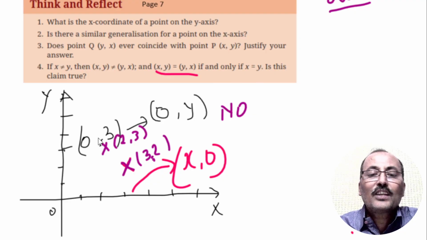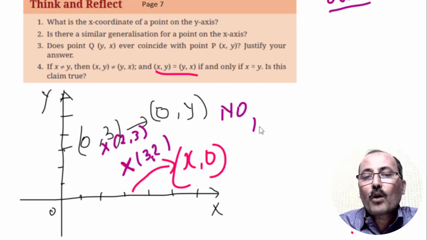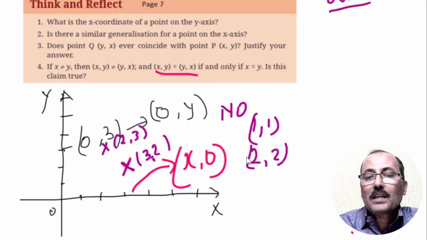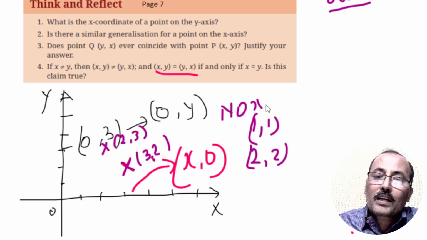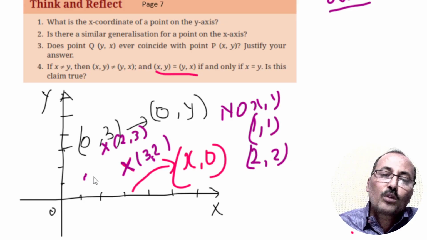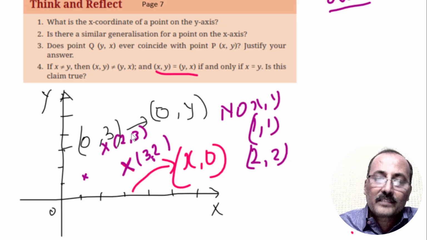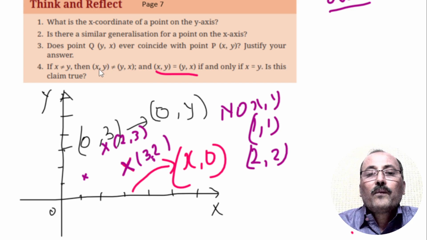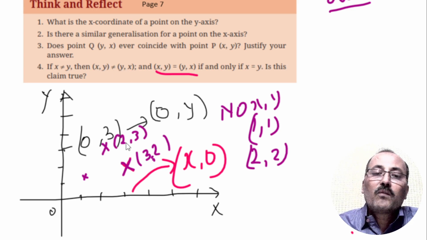What is meant by x equal to y? This 3 and 2 would both be the same. That means the points are (1, 1), (2, 2). Okay, you mark (x, y) as (1, 1) and (y, x) as (1, 1). That will be here only. Both are the same. So, for this question, this is wrong. (x, y) and (y, x) are not equal for numbers like (2, 3) and (3, 2).